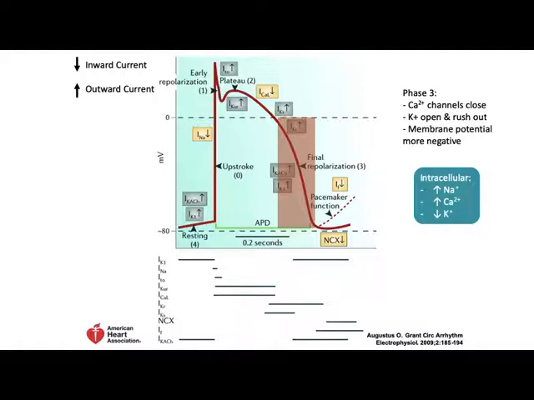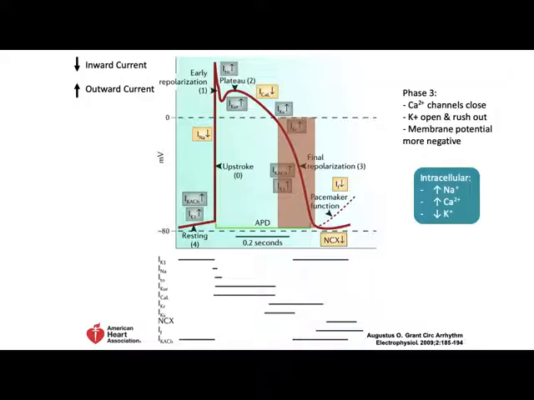We open potassium channels just to bring the membrane potential back down. This is the only ion that we can allow to flow naturally and restore membrane potential in the direction it's supposed to go. Potassium will flow out on its own.